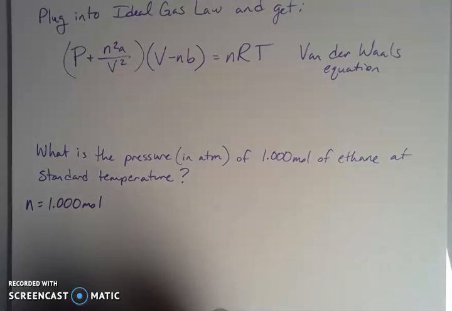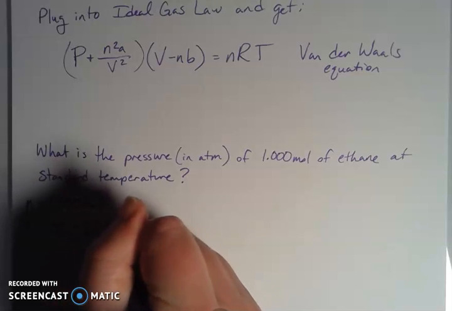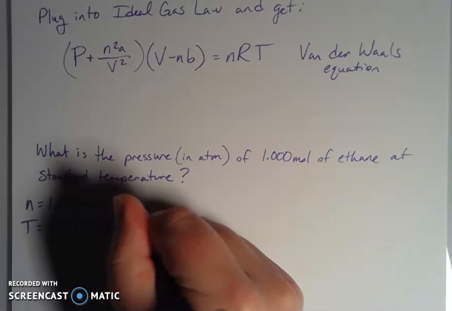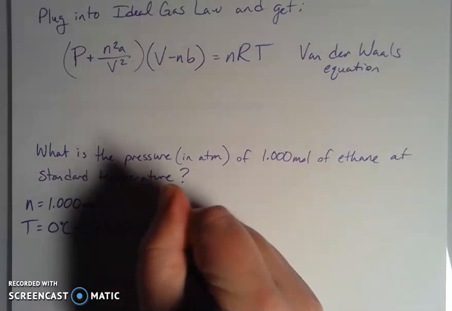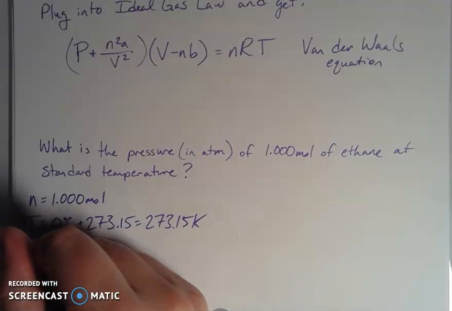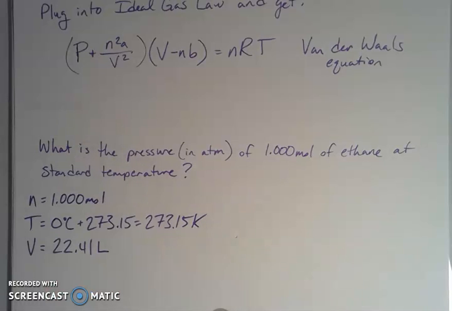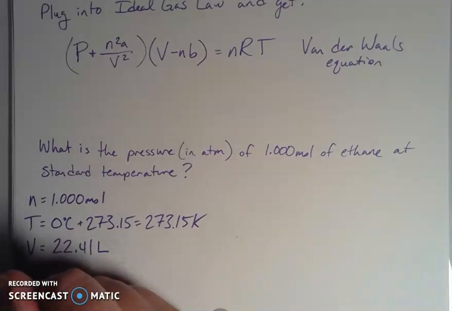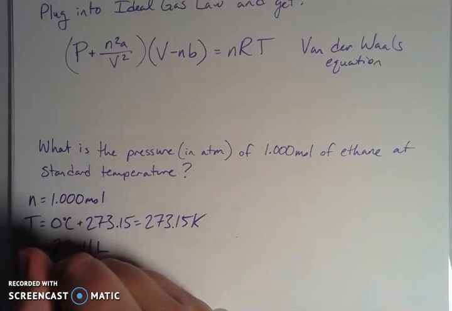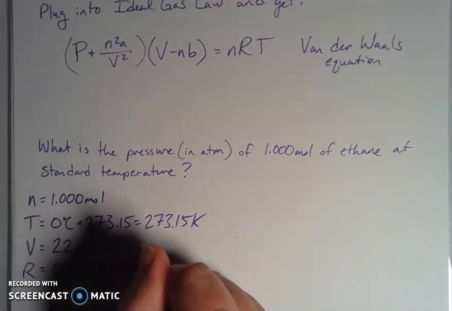I'm at standard temperature, which means I'm at 0 degrees Celsius, or 273.15 K. I have 1 mole of gas at standard temperature, so my volume here is going to be, based on Avogadro's law, 22.41 liters. And then my R, since I'm looking for pressure in atmospheres, is going to be 0.821 liter atmospheres per mole Kelvin.